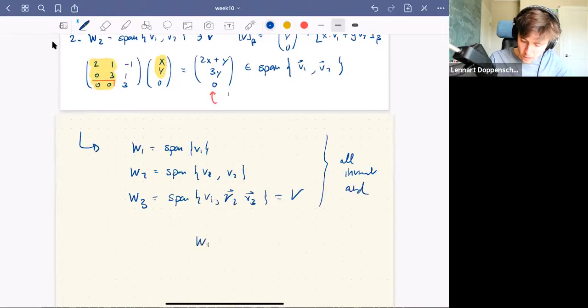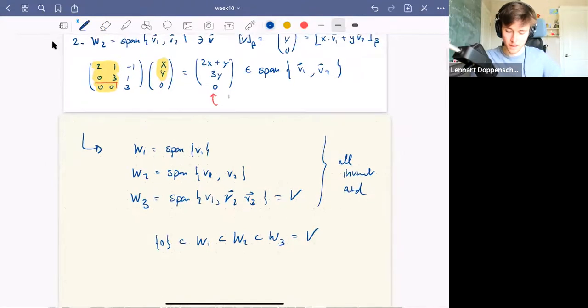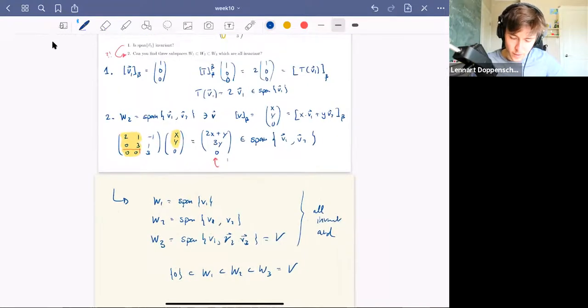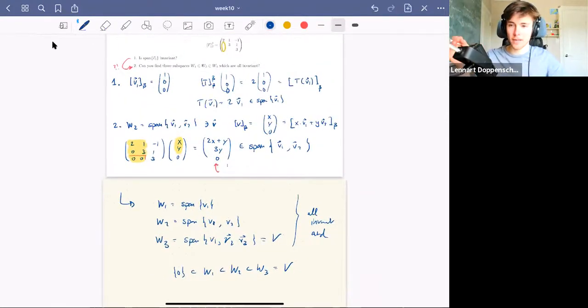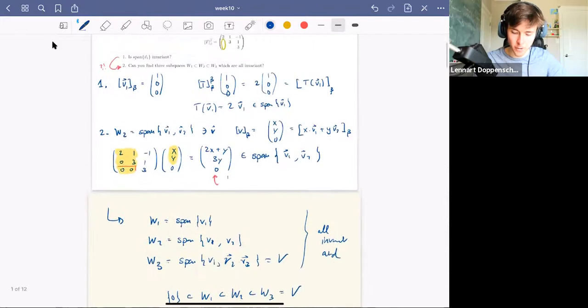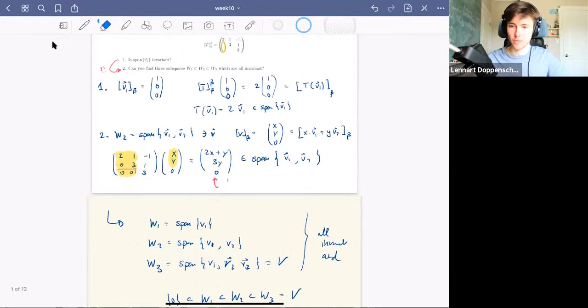And moreover, W1 is contained in W2, is contained in W3, and this contains, of course, the trivial subspace. All right. So this is the idea. If we just keep adding one vector at a time to the span, then we always get subspaces which are invariant, exactly because of the shape of the matrix, because of this upper triangular form.